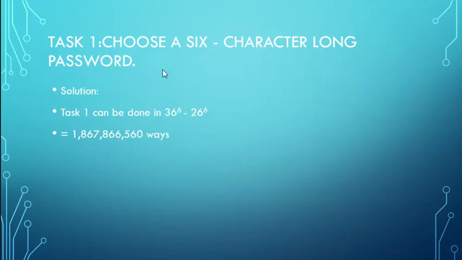Since we have 26 characters in our alphabet, and 10 digits from 0 to 9, we can have 36 to the power of 6, and we need to subtract 26 to the power of 6 because 36 to the power of 6 includes passwords which contain only letters. Thus we subtract 26 to the power of 6, and by doing that we arrive at these numbers.